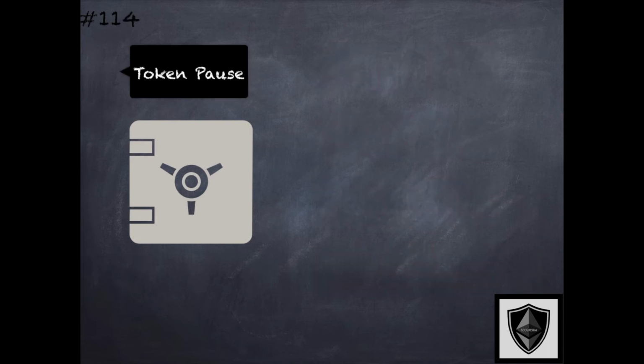Recall from the previous module that the ability to pause certain contract functionality is part of what is known as a guarded launch.